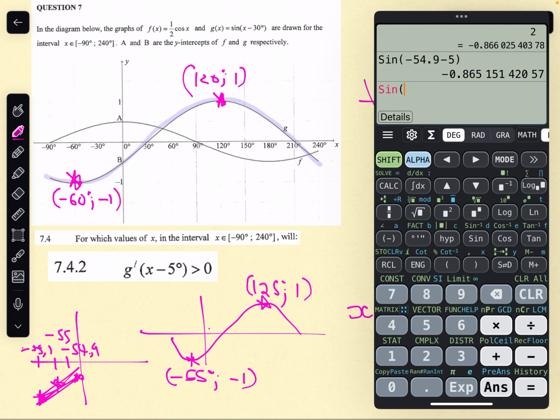Okay, so wait, sine of 60 minus 5, sorry, it's meant to be minus 60.